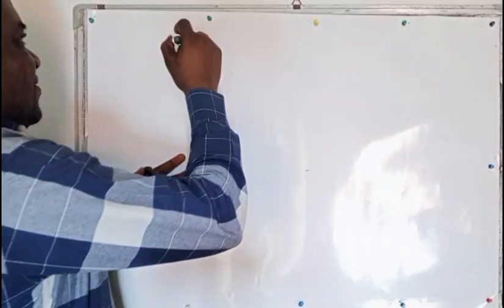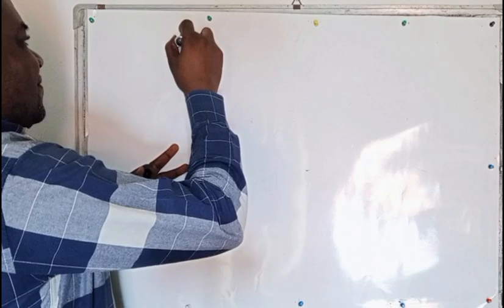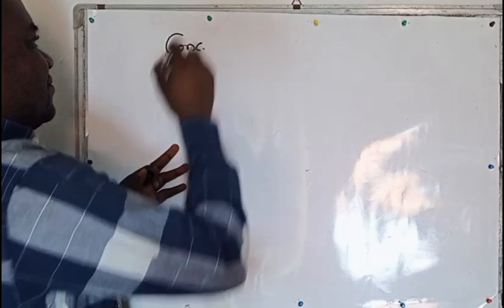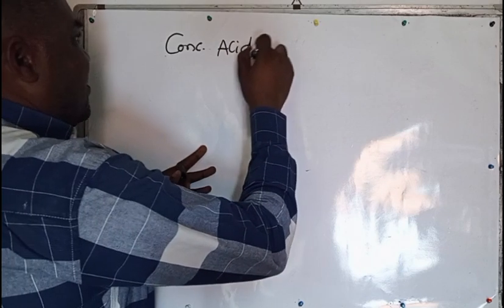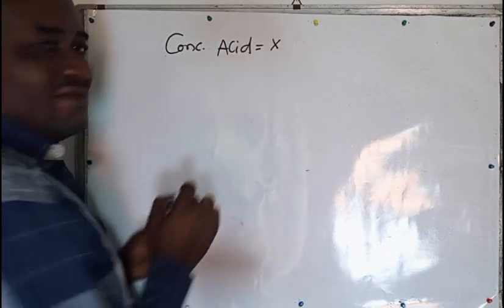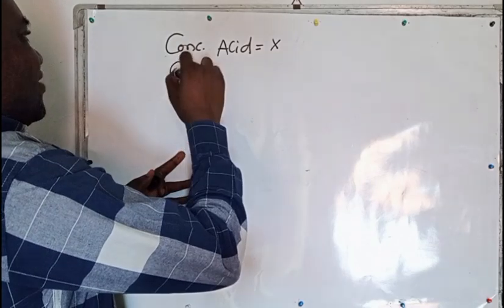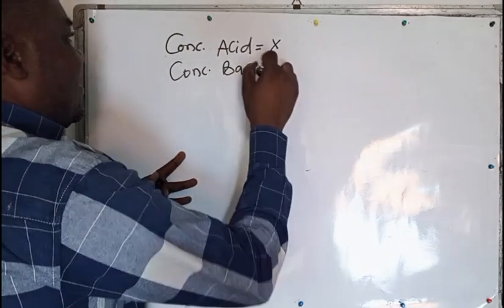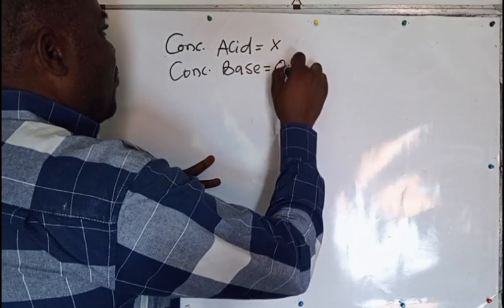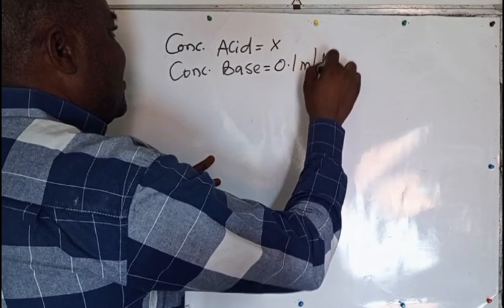Let's say we are given the concentration of acid, and we do not know it. The concentration of the base, let's assume, is 0.1 mole per dm cube.